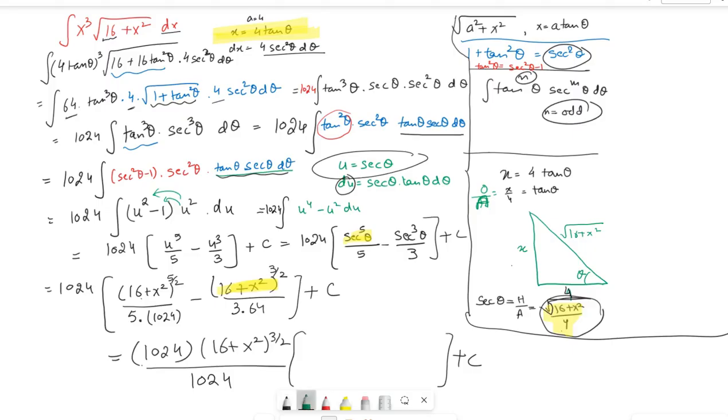So when out of the 5 by 2 power we take 3 by 2 out, what is left? 5 by 2 minus 3 by 2 is 1. So 16 plus x squared is left. And divided by 5, minus this whole thing is gone out, 1 divided by 3, out of 6. This thing would be multiplied by 16 by 3.